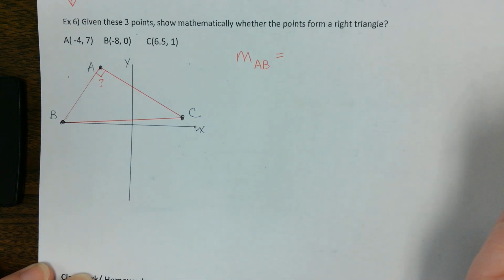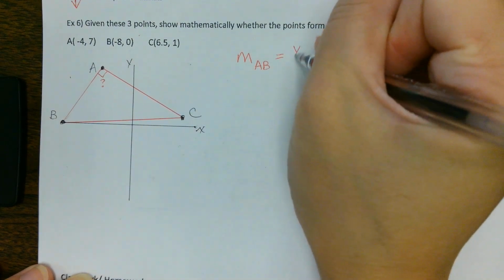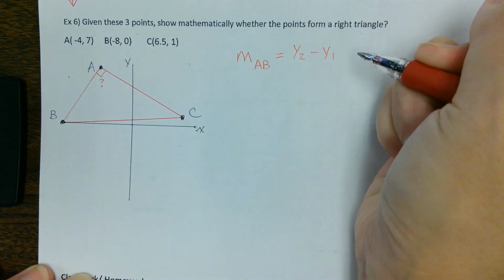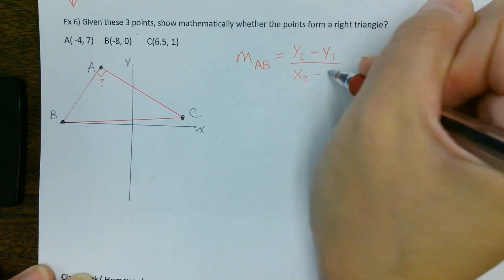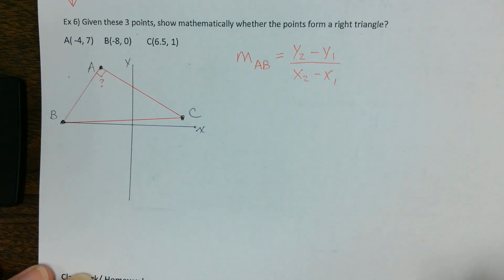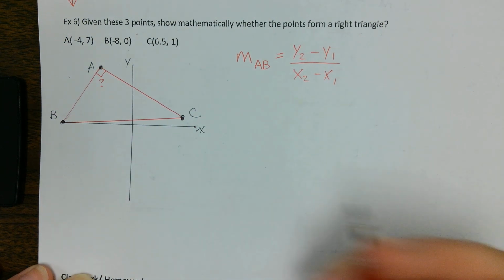How do I calculate it? I'm given 2 points. The easiest way to calculate slope is y2 minus y1, over x2 minus x1. I'm going to call these x1, y1, x2, y2.